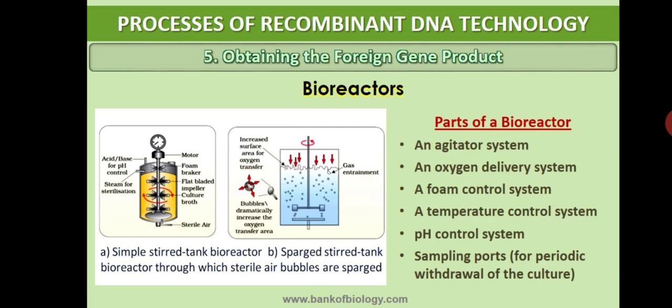Understood? This bioreactor can be used to produce primary metabolites, secondary metabolites, and even human insulin on a large scale. Even it is used to produce monoclonal antibodies on a large scale. For all these we are making use of the bioreactors.